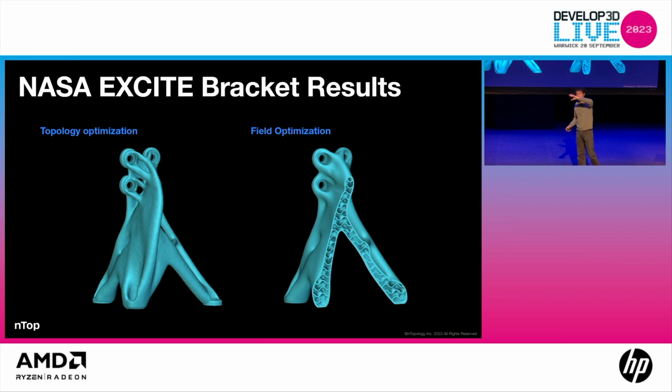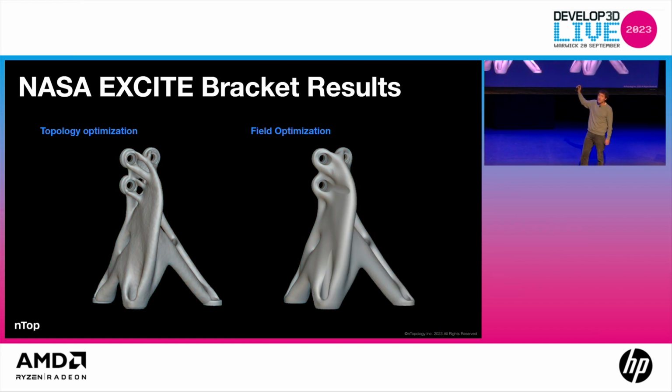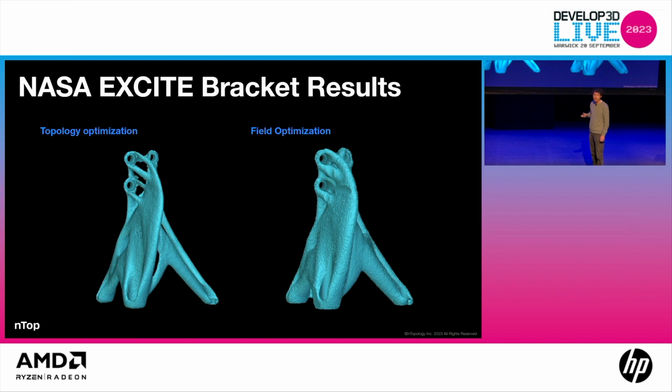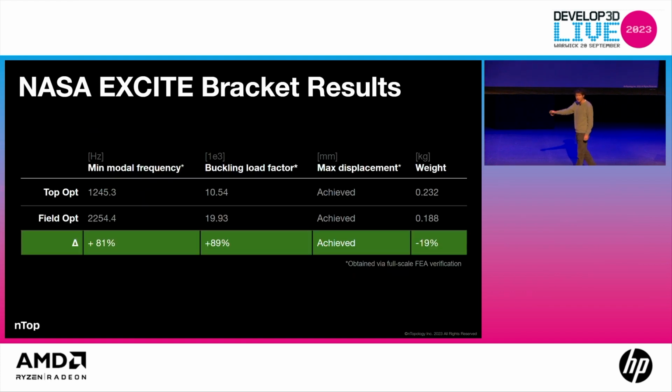But then there's a secondary set of optimizations that happen to control the wall thickness, the orientation, et cetera, of the infill. And so what you get is a part that has an 81% increase of minimum modal frequency, a much higher buckling load factor. Max displacement is still within the proper range, and the part comes in even lighter weight, 19% on that.